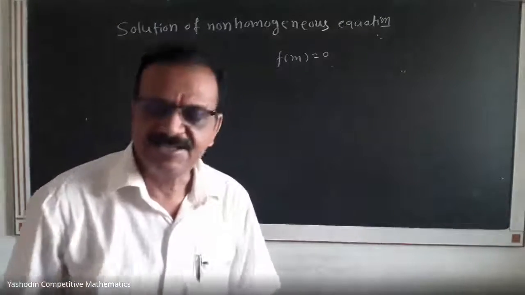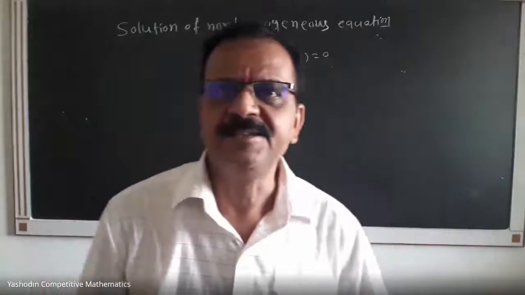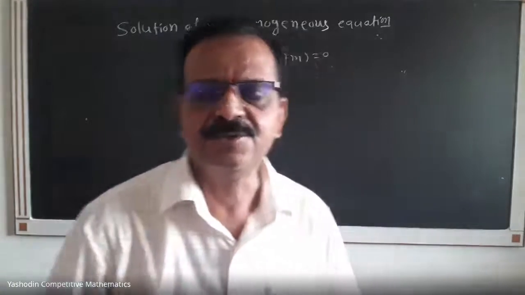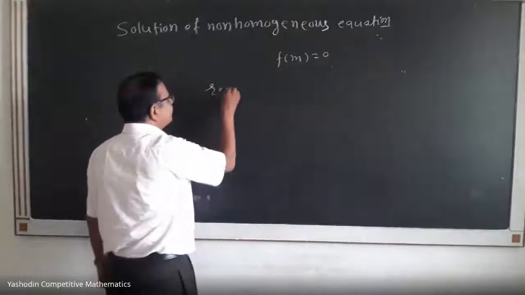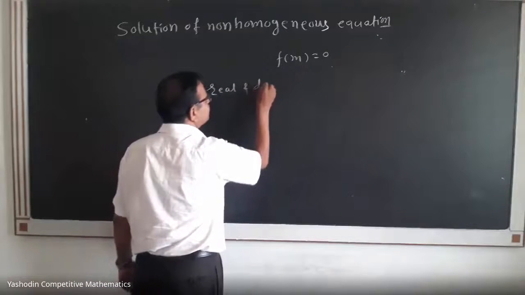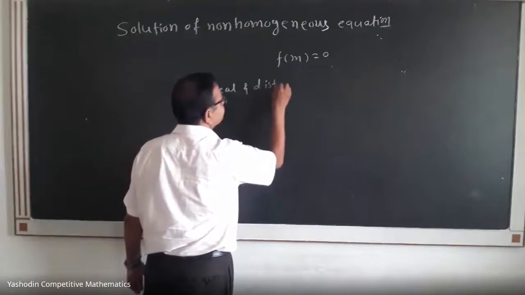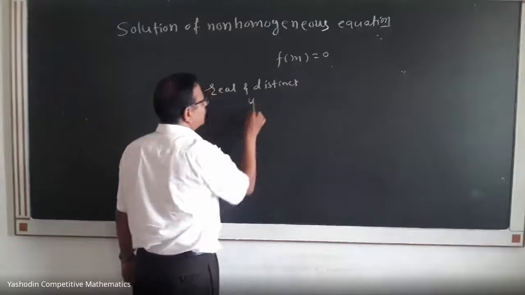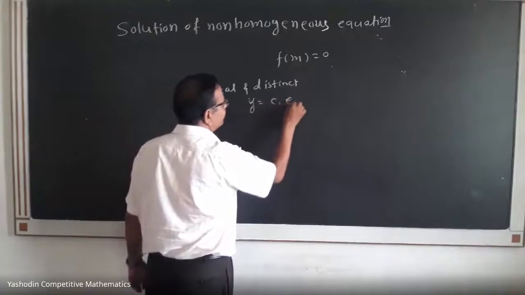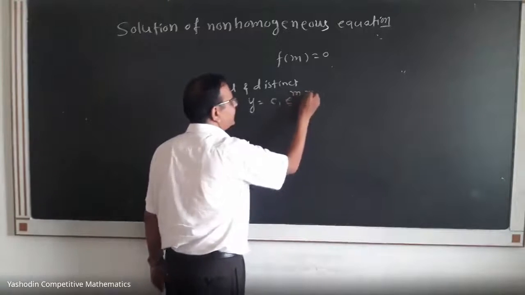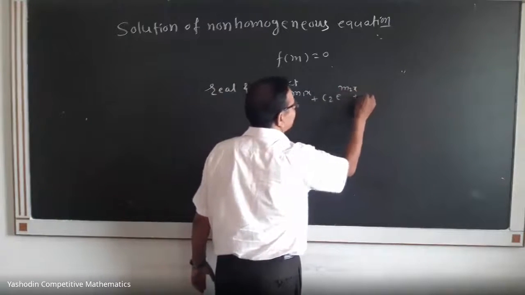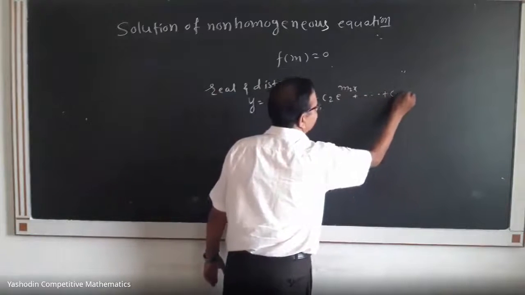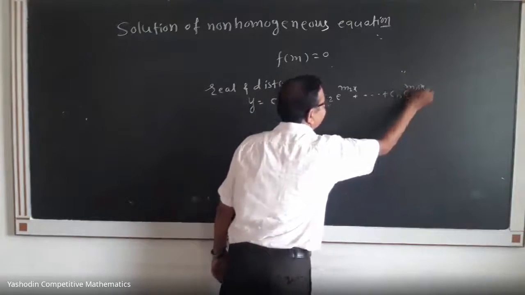If the auxiliary equation F(m) equal to 0 has real and distinct roots, then the solution is y equal to c1 e raised to m1x plus c2 e raised to m2x and so on, cn e raised to mnx. This we have learned.